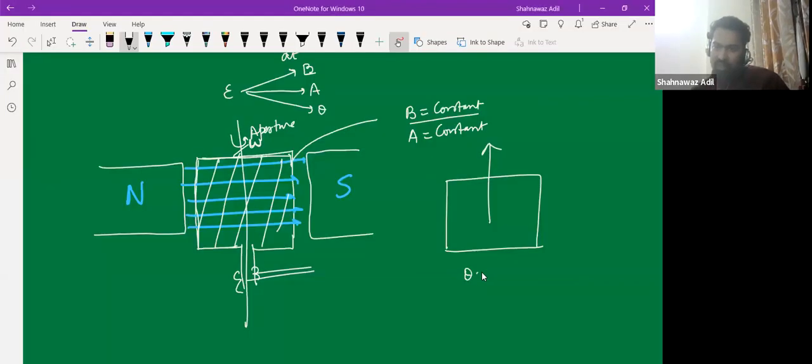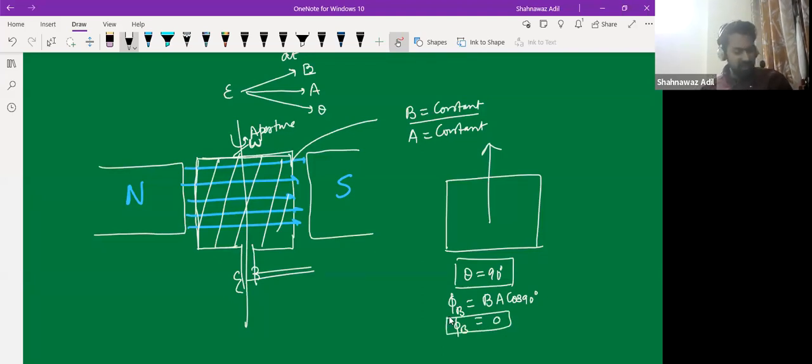So this is perpendicular: magnetic field going this way, area vector going this way. So flux would be how much? BA cos theta, remember? Your theta is 90 degrees, so flux at this position is BA cos 90, which is 0. So your magnetic flux is 0.